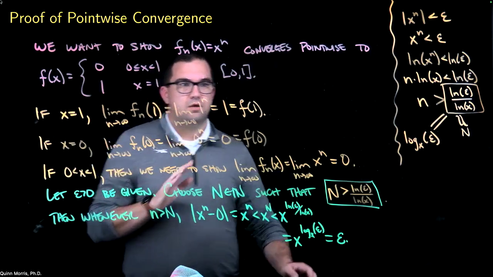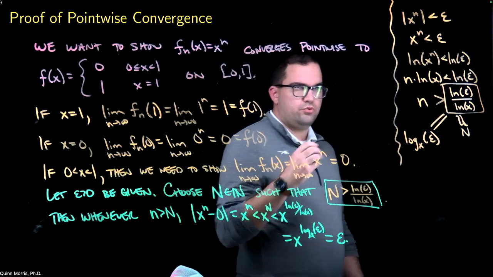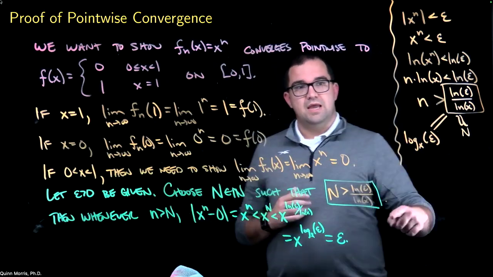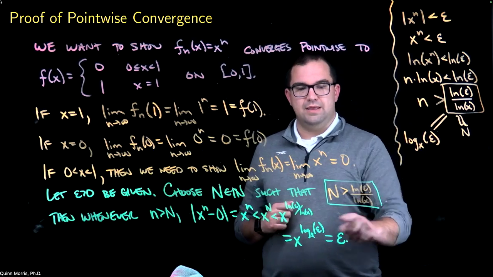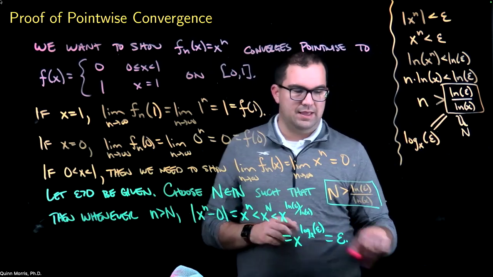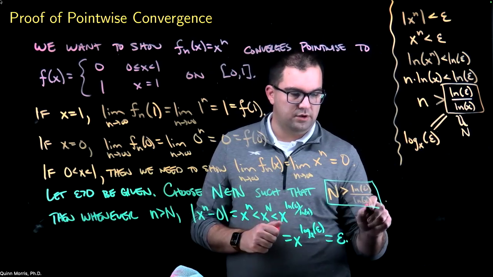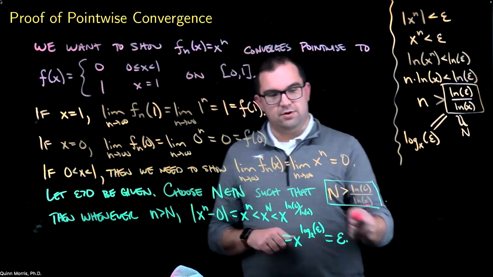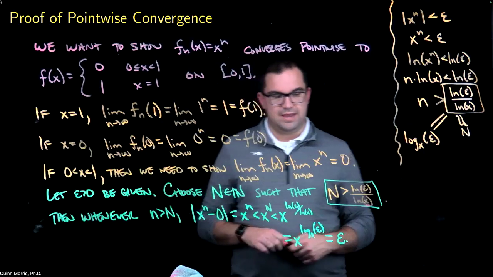Okay. Now, before we erase this, I do want to note one important thing, and it's something we've observed already visually. If I look at my choice of capital N, my choice of capital N depends on x, right? If you look right down there in the denominator, my choice of capital N depends on x.